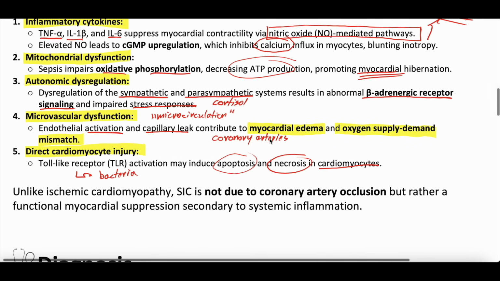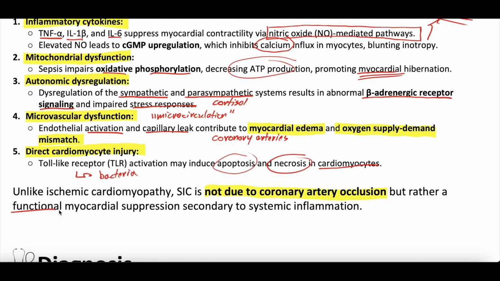The nice thing here is that, unlike ischemic cardiomyopathy, which is where your coronary arteries are actually plugged, they've got thrombotic disease that leads to myocardial ischemia, sepsis-induced cardiomyopathy is not due to coronary artery occlusion. Okay, there's not a coronary artery that you've got to go and stent that then fixes sepsis-induced cardiomyopathy like it could for ischemic cardiomyopathy.